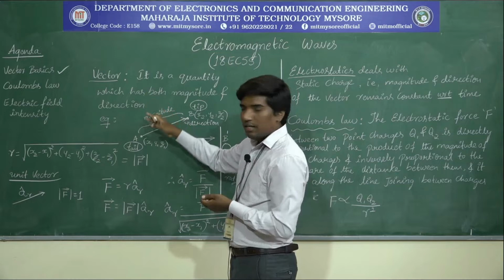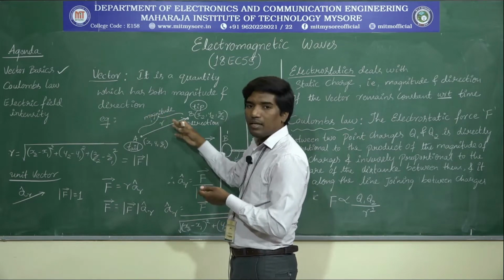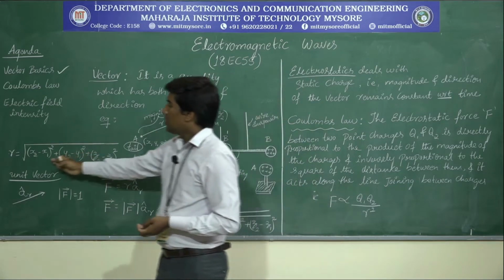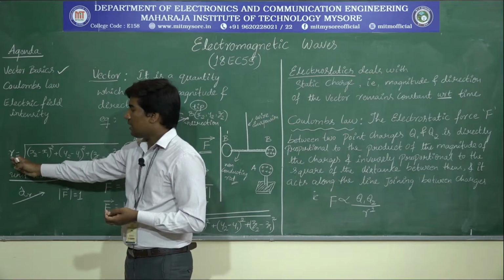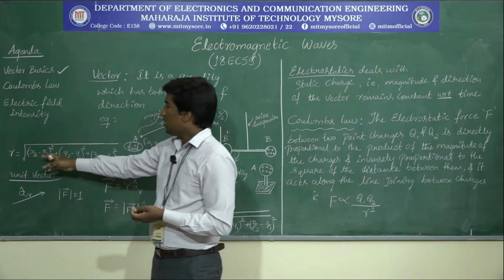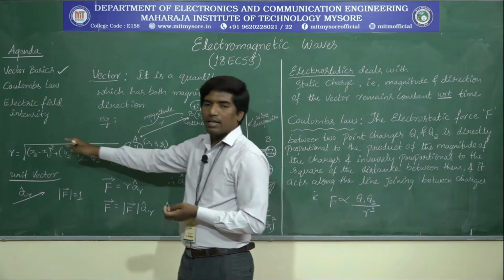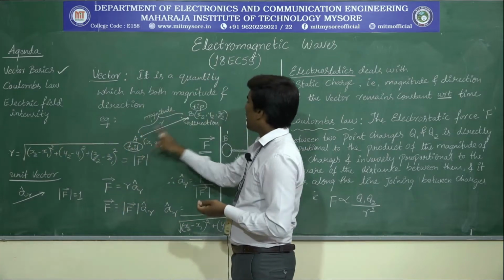Magnitude can be estimated by the analytical geometry formula: the distance between those 2 points is r equal to the square root of (x2 minus x1) squared plus (y2 minus y1) squared plus (z2 minus z1) squared, which gives the distance between 2 points A and B.